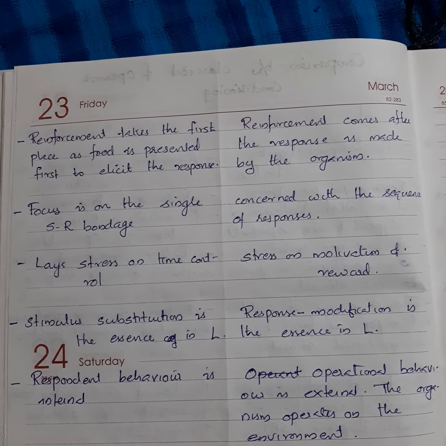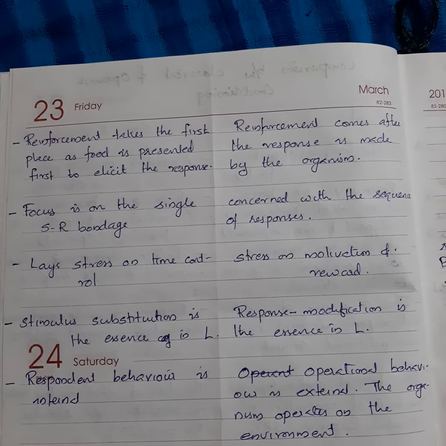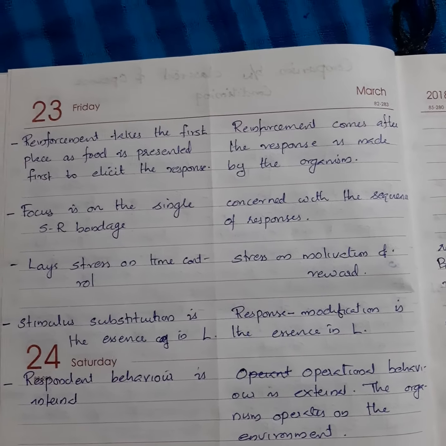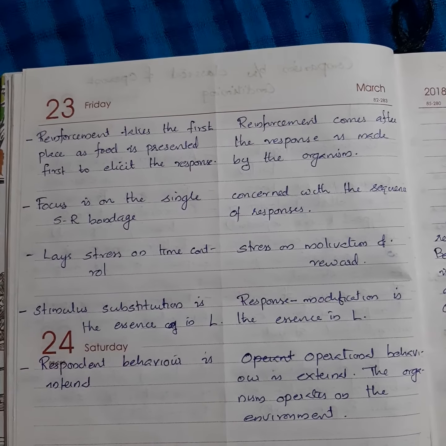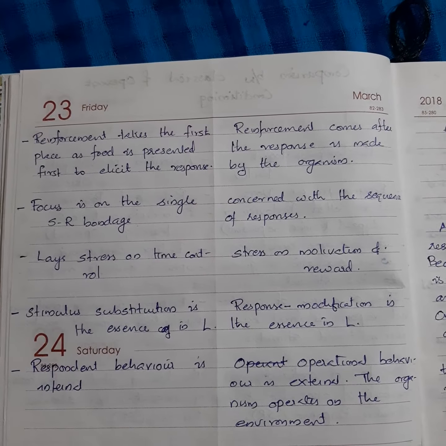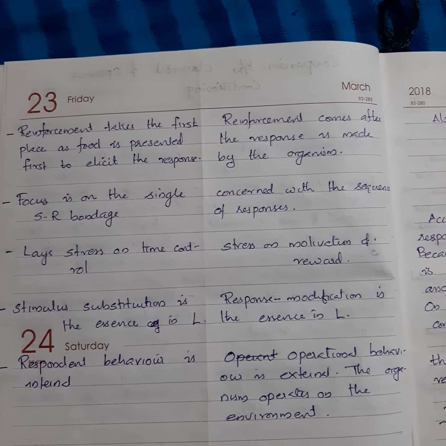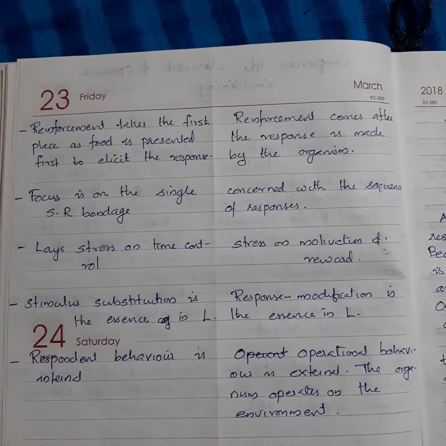Classical conditioning lays stress on time control, whereas operant conditioning stresses motivation and reward. Pavlov showed that stimulus substitution is the essence of the learning process, and B.F. Skinner showed that response modification is the essence of the learning process.